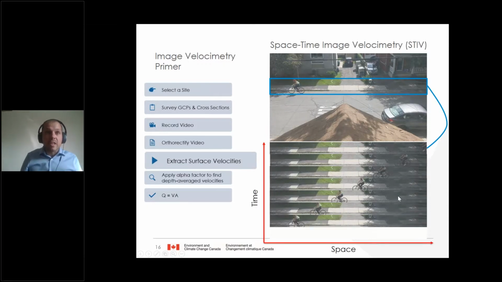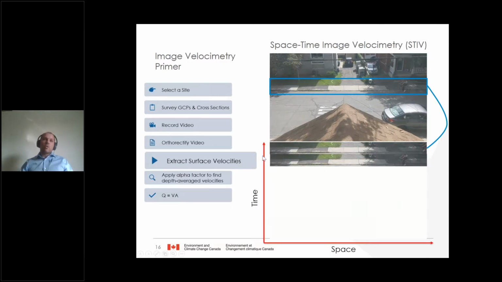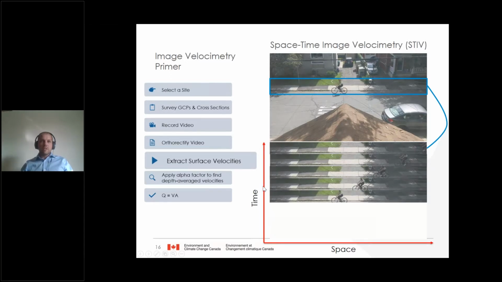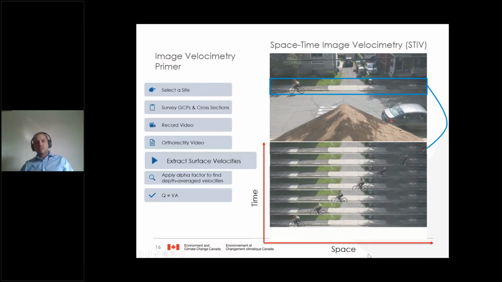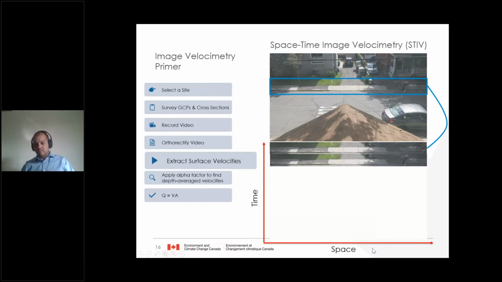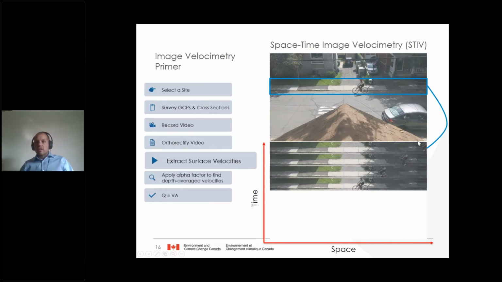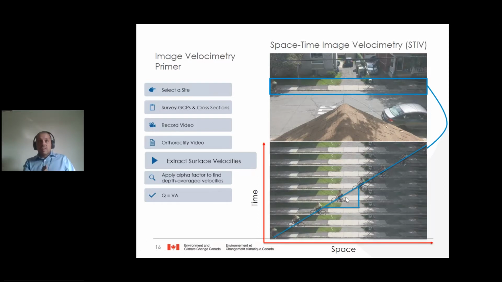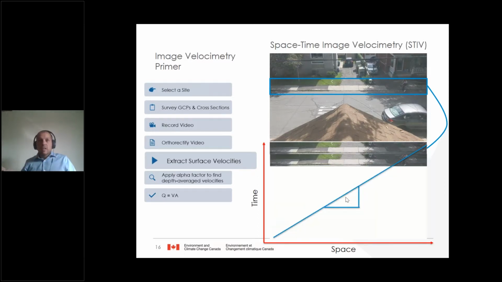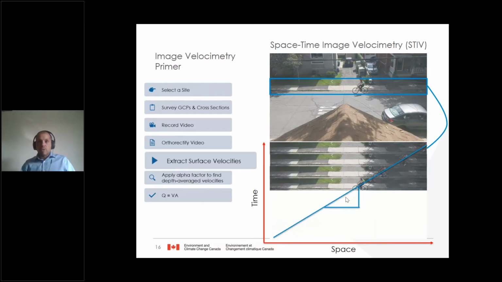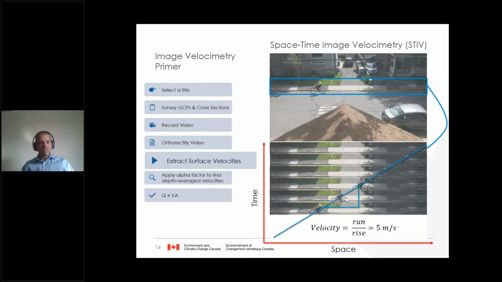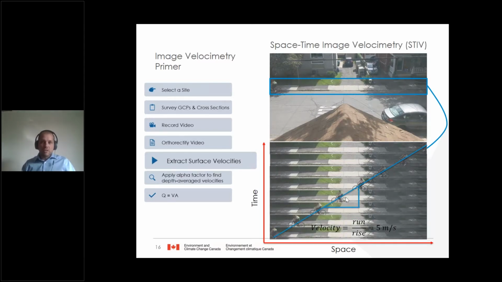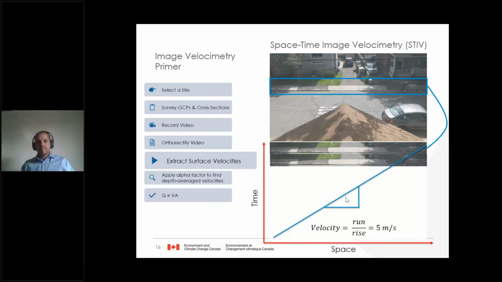And so what you're left with is a space-time image where you've got time on your y-axis, because those are the different frames, and you've got space or distance on your x-axis. And you'll notice the cyclist is moving down at an angle, and you can just plot that or draw a line through that path and get the slope, which then gives you velocity. So in this case, the cyclist was going about 5 meters a second.